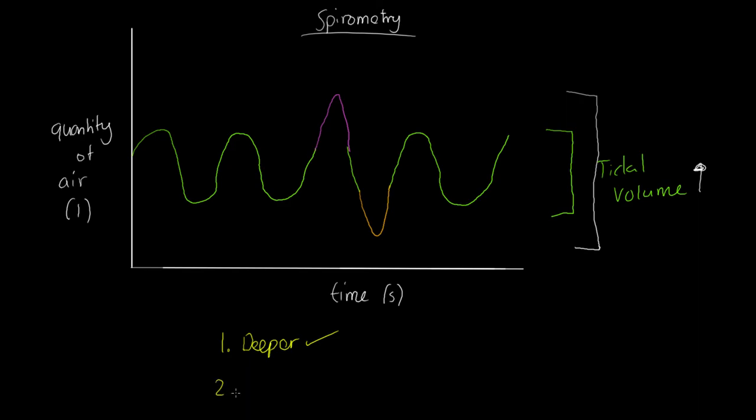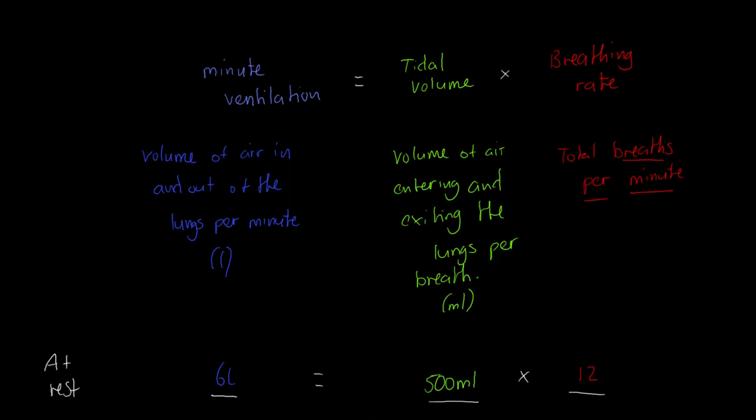But once we're into heavier exercise, we will notice that our breathing will increase in rate or frequency, and that happens second. So what you'd see is the curve concertinaing, with higher and more frequent peaks and troughs, with the tidal volume at a higher peak. I want to remind you of what we said right at the start.